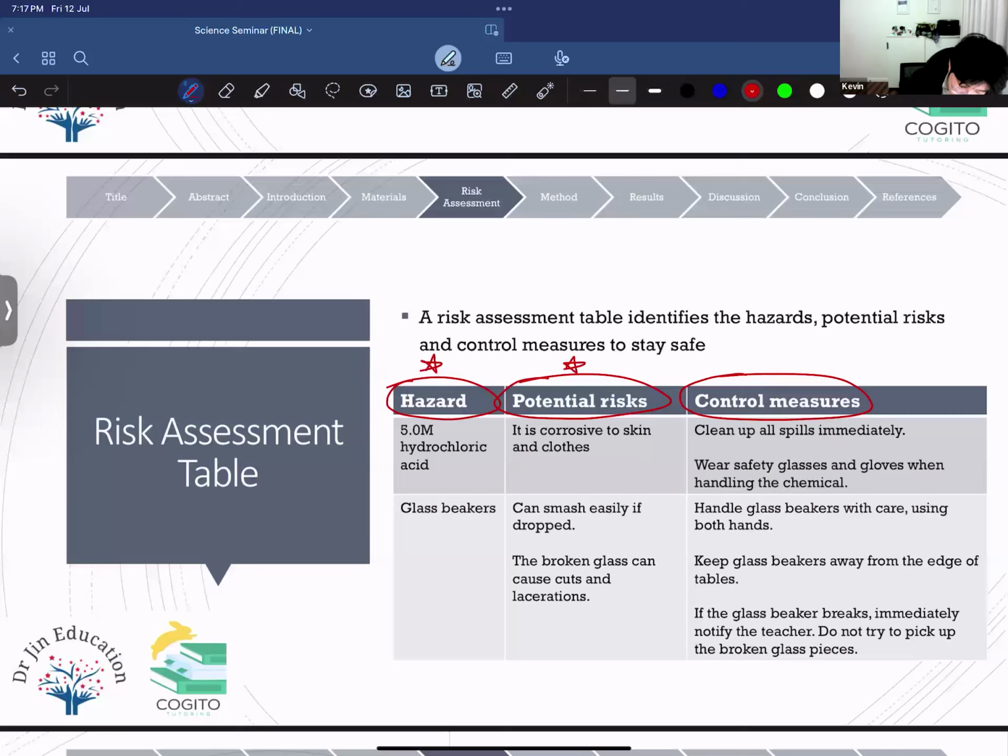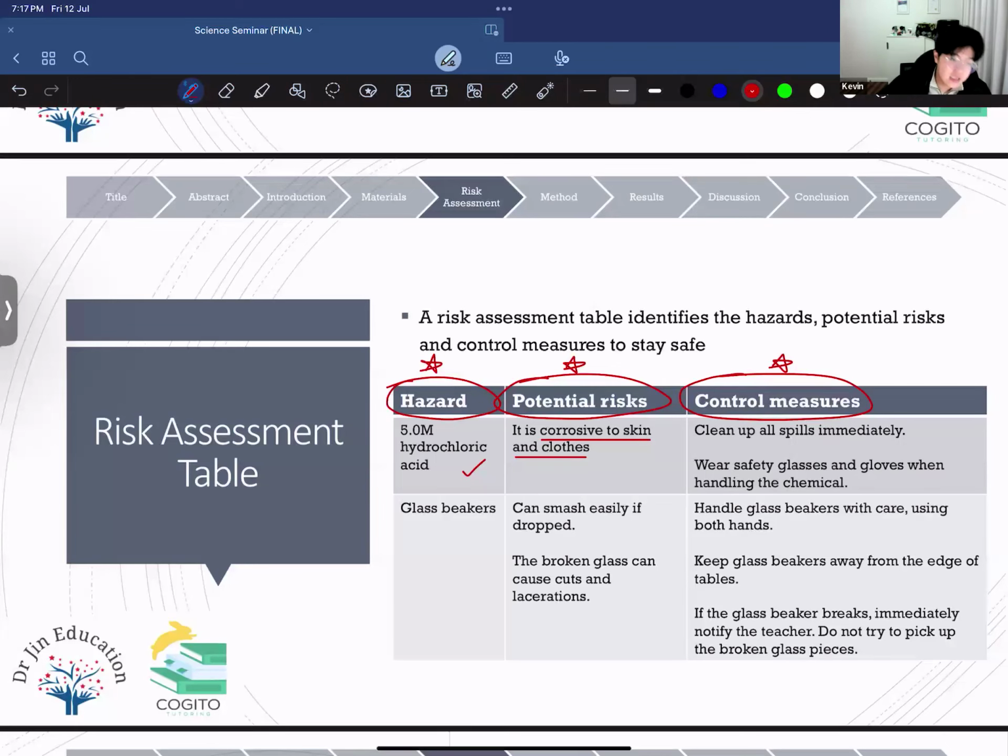Make sure you try to include these three columns. One example of a hazard, which is not relevant to our example, is an acid. Hydrochloric acid. So acids are not great. Why? Because it's corrosive to the skin and to the clothes. So that's a potential risk.